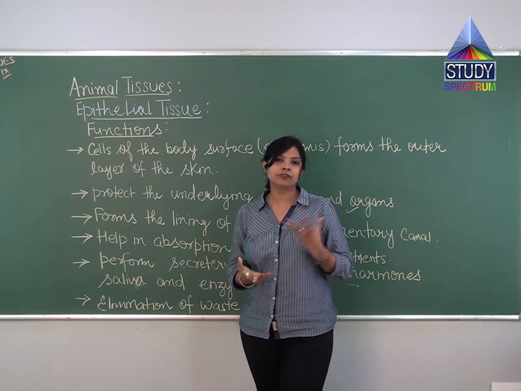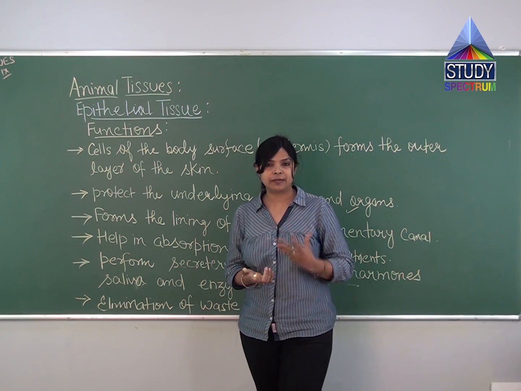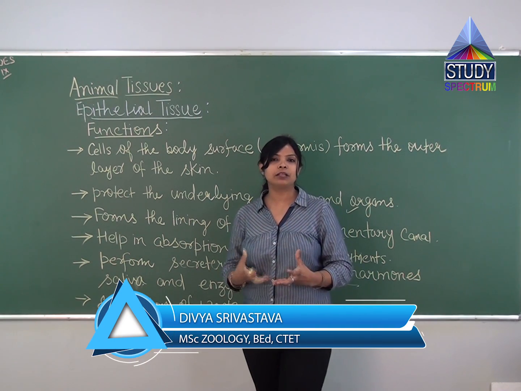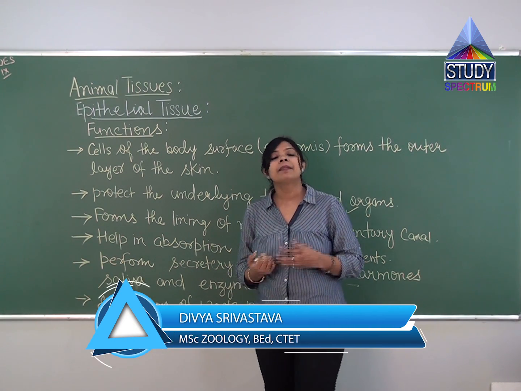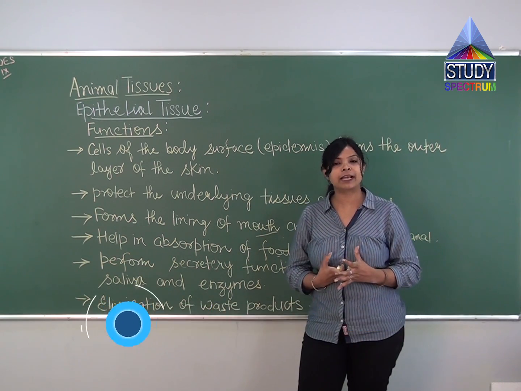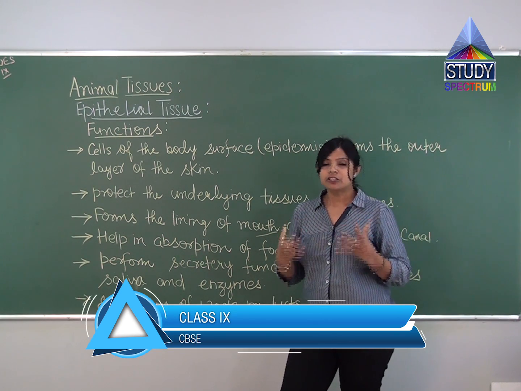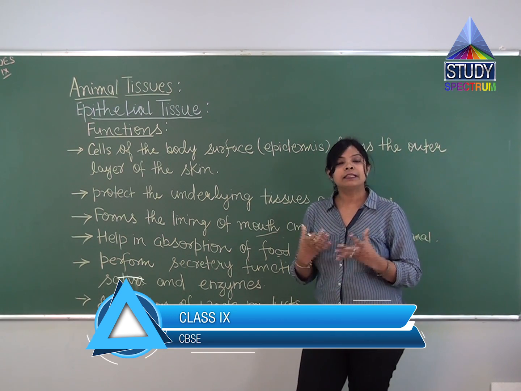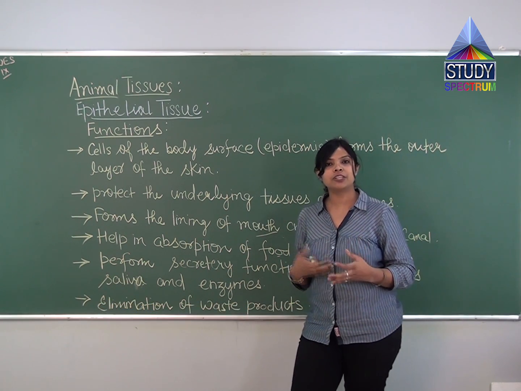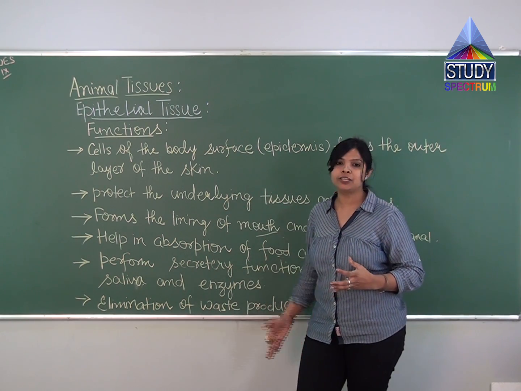If you take the example of the digestive system, different kinds of enzymes are secreted. What is their role? They help to break down the food into simpler substances, whereas hormones secreted in our body also work as a secretory function. They also perform the elimination of waste product from our body in the form of sweating. So these are a few functions of epithelial tissues.